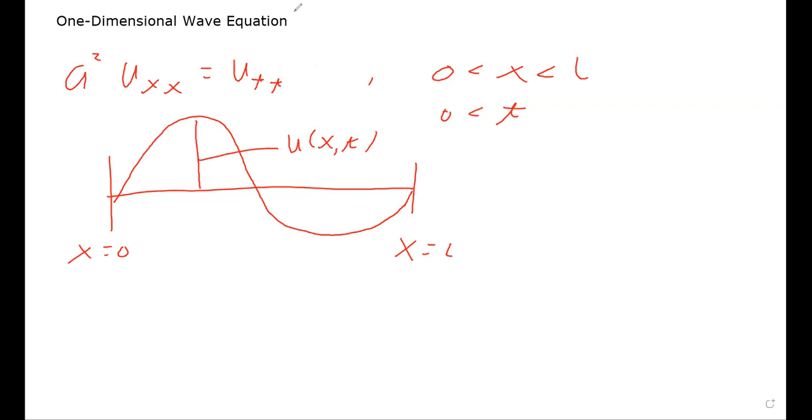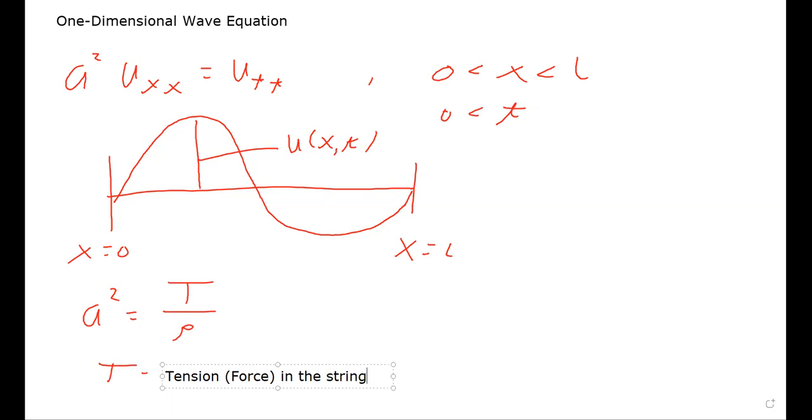Now this a, actually the a squared, is going to be T over rho. Now our T is going to be tension, the force in the string.